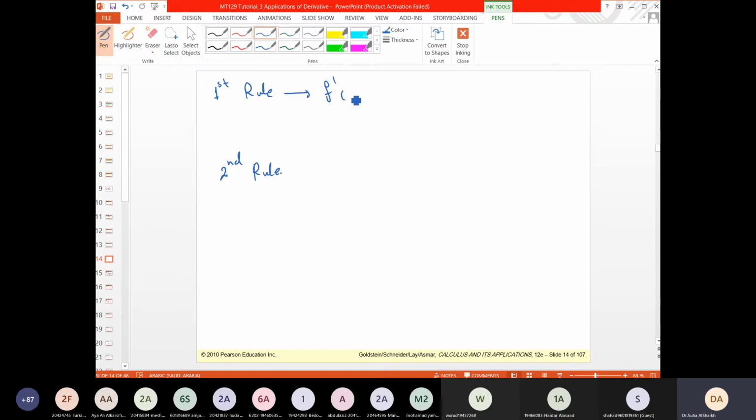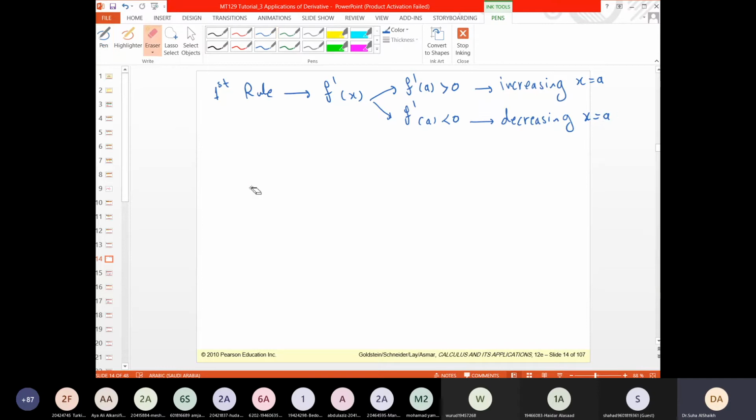It is about the f dash of x. It says that when f dash at a point is positive, it means the function is increasing at the point A. And when f dash at A is negative, it means the function is decreasing at A.